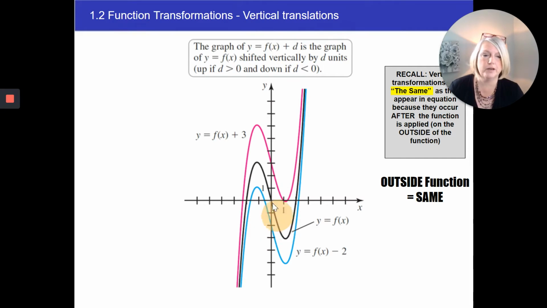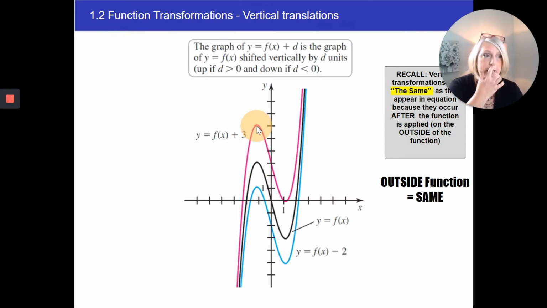Very simple. Here the black is the original function. It's just a cubic polynomial. To shift it up, we add 3 outside of the function, and that moves it up 3 here. Notice that all the key points, this intercept here at (0, 0), becomes (0, 3). The max, which looks like it's about (1, 3), becomes (1, 6).